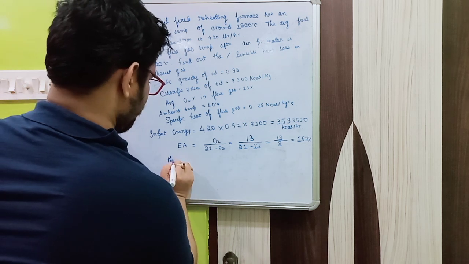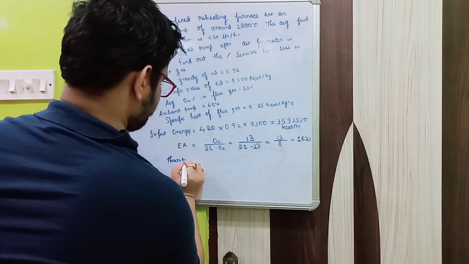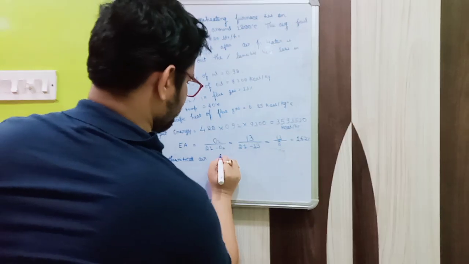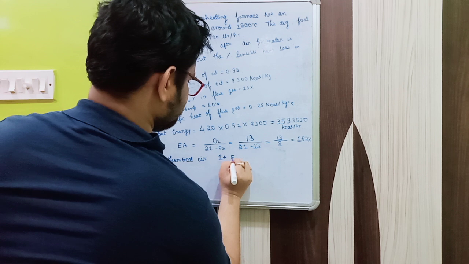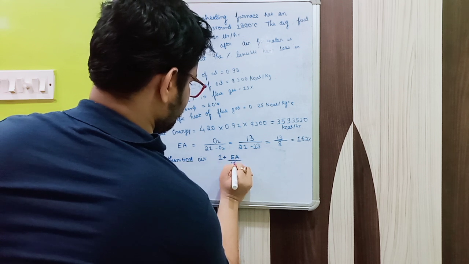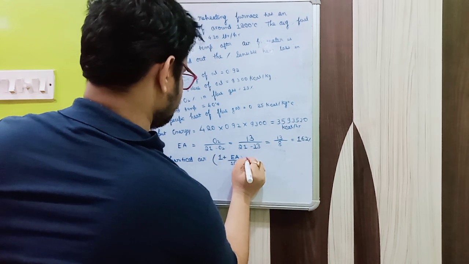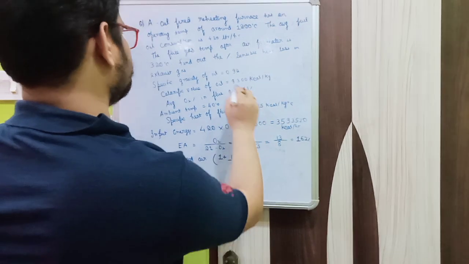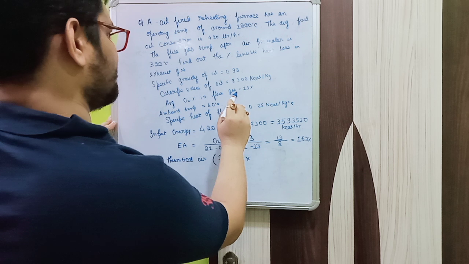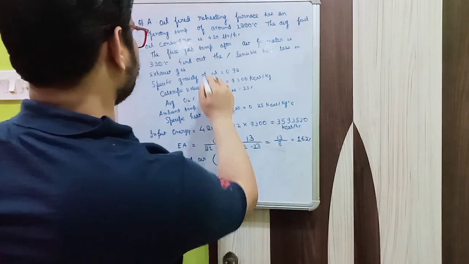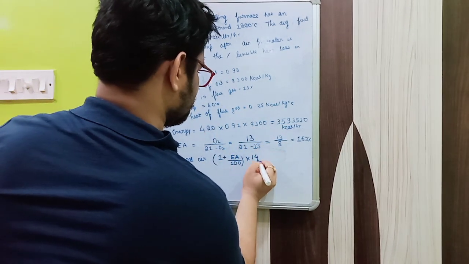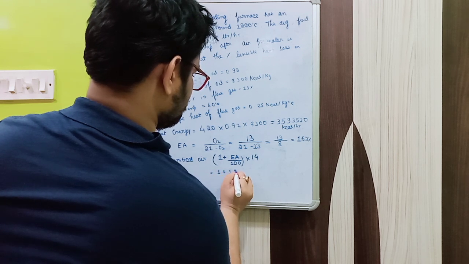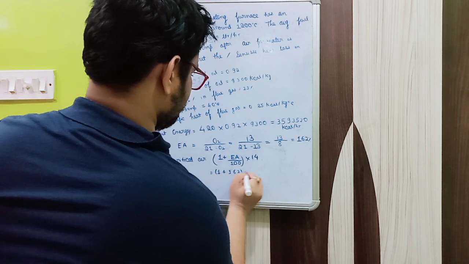Now we have to find the theoretical air required. That is 1 plus excess air divided by 100, multiplied by 14, the air required. So that is 1 plus 1.62, which is 2.62, into 14.